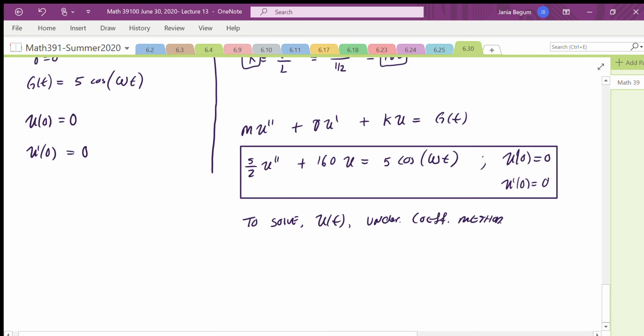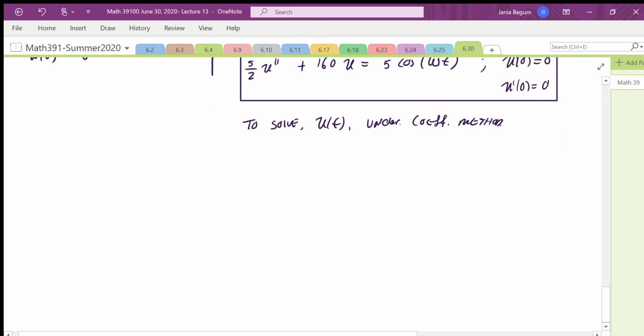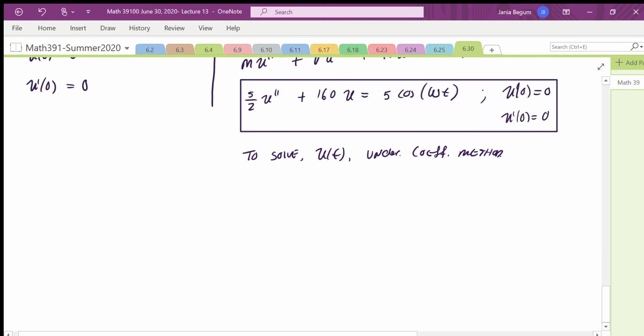Alright, if there are no questions, we will move on to the next section. We're done with chapter 3, moving on to chapter 4. Chapter 4 is a very short chapter.